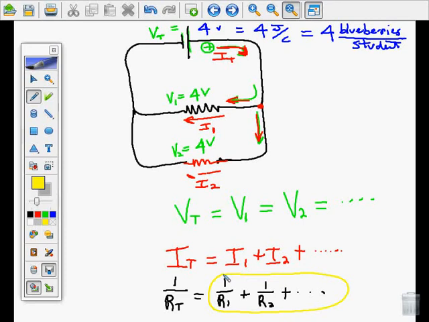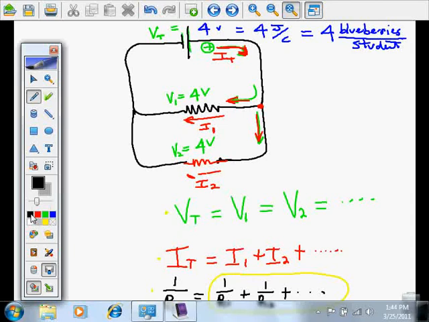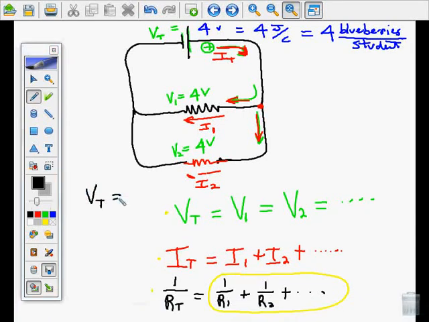Now, not only do you have these three formulas, 1, 2, 3, for parallel circuits, but you could also use Ohm's law for each of the devices. So, as well as these three, you have VT equals IT times RT, and V1 equals I1 times R1, and V2, whoa, what happened there?